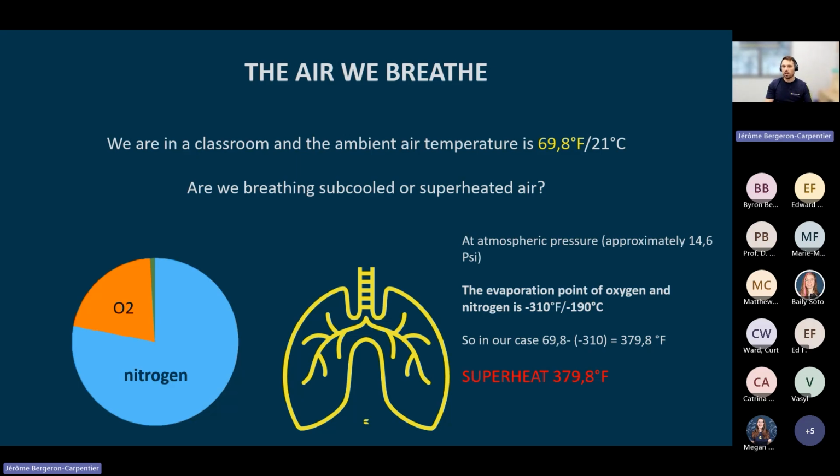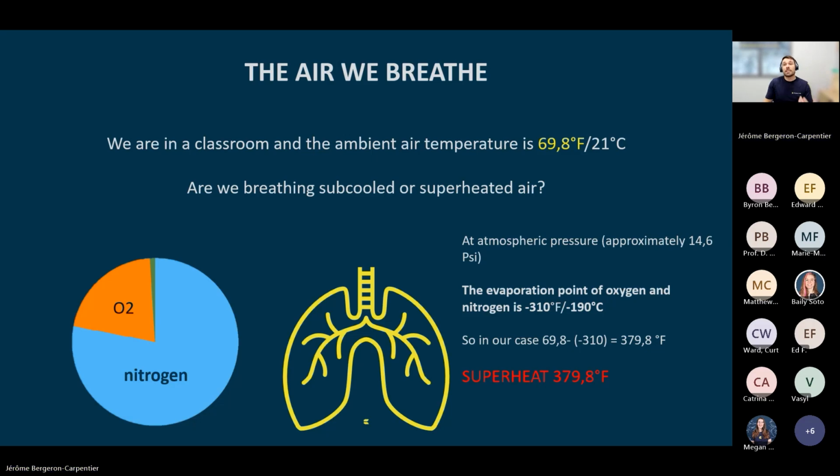So by just doing a little subtraction, taking, for example, the ambient air temperature in the classroom, which is 69 degrees Fahrenheit, minus our evaporation point, which is at the same atmospheric pressure, minus 310, well, the air we are breathing is actually superheated at 379.8 degrees Fahrenheit.